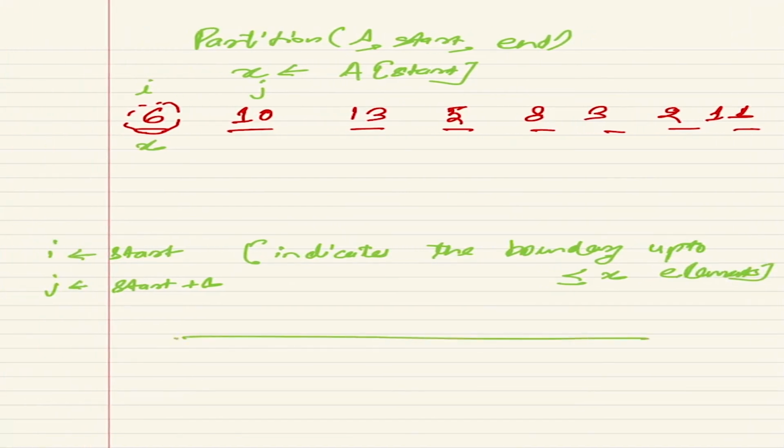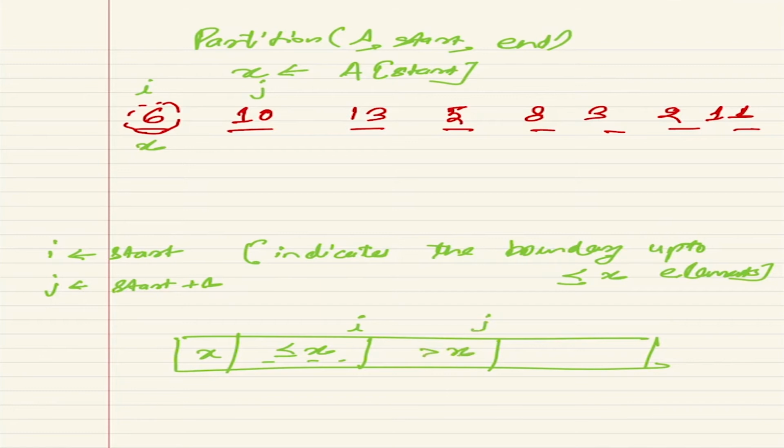Generally in the array, the first thing will be x, and up to some place, all the values will be less than or equal to x. That's where you'll put your I. And similarly, j will mark the boundary after I: from I up to j, all the elements will be greater than x. And to the right of j, all of these are unprocessed.